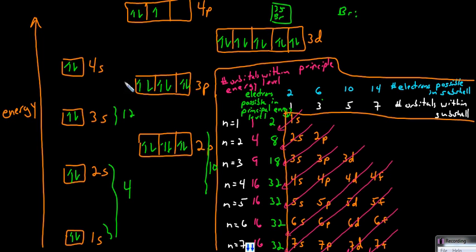But how many should we plug into here? We get a total of 35. How many do we have here? 2, 4, 6, 8, 10, 12, 14, 16, 18, 20, 22, 24, 26, 28, 30, 32, 33, 34, and then a total of 35.